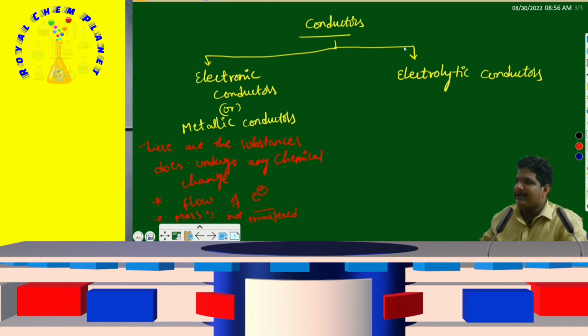Coming to electrolytic conductors, these are the substances which can undergo decomposition during passage of electricity.